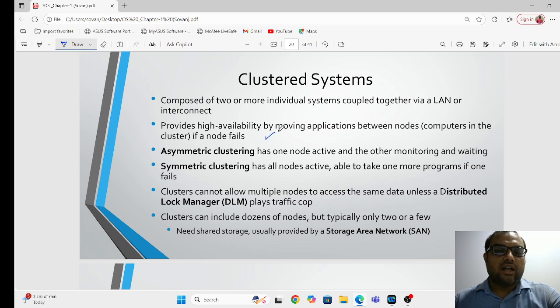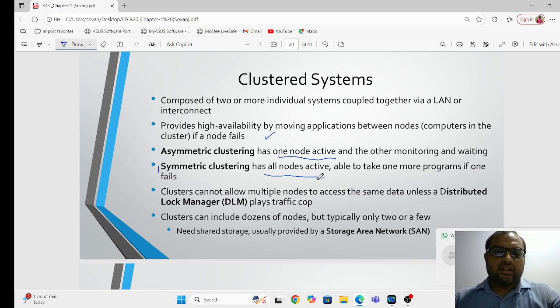This is asymmetric clustering, where one node is active. Then symmetric clustering: in symmetric clustering, all the nodes are active, and it is able to take on one more program if one fails. Suppose one node fails while executing the program, then the other can get the chance. So symmetric is the best way.